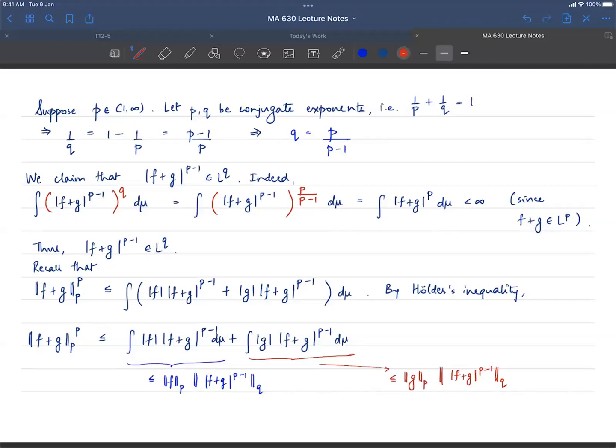I have a question for you guys. What's the relation between these two quantities? The LP norm of F and the LP norm of absolute value of F? What's the relation? Are they different?